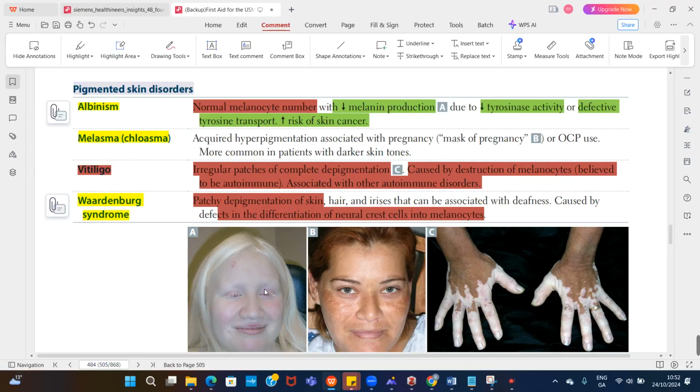If we say the ocular form, it means that the problem is confined to the eyes. So they have problems with pigmentation of the iris and of the retina, and the iris can look blue or green, because you cannot impart that color. So that is ocular albinism.